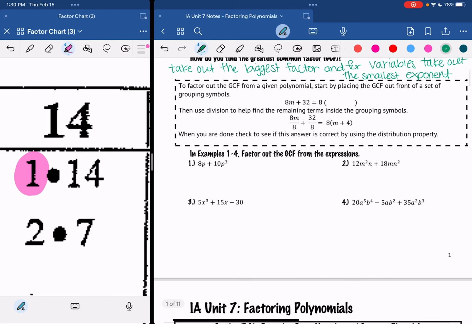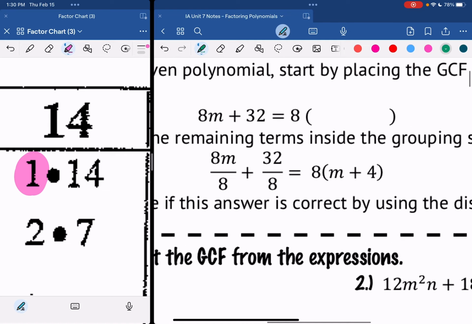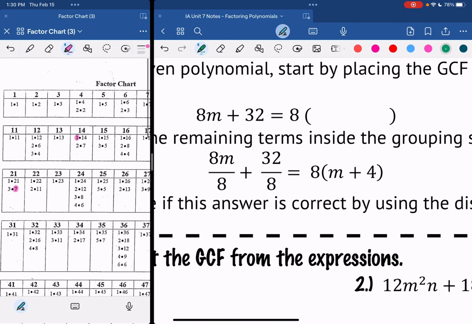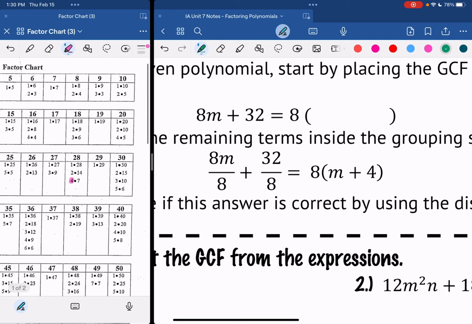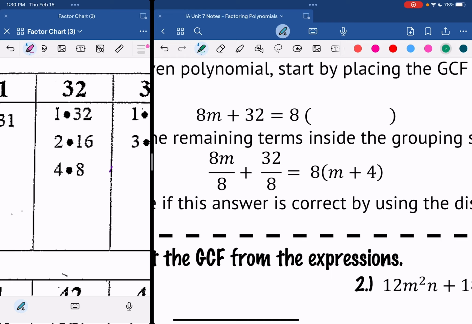Okay, moving to the next part. To factor out a greatest common factor from a given polynomial, start by placing the greatest common factor out front of a set of grouping symbols. So we have 8m plus 32. If we look at 8 and 32, 32 actually has an 8 in it.